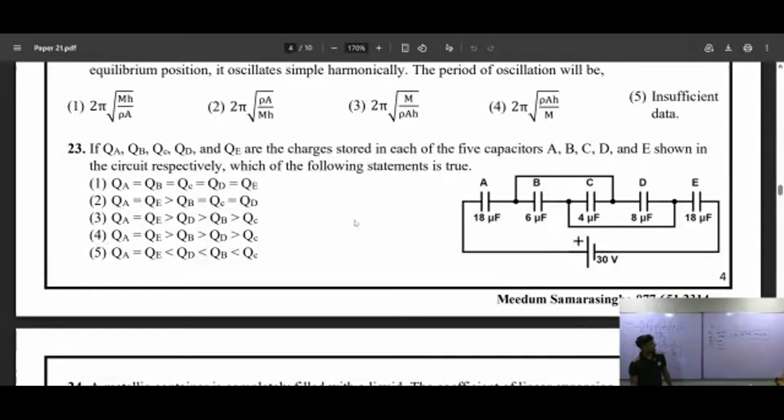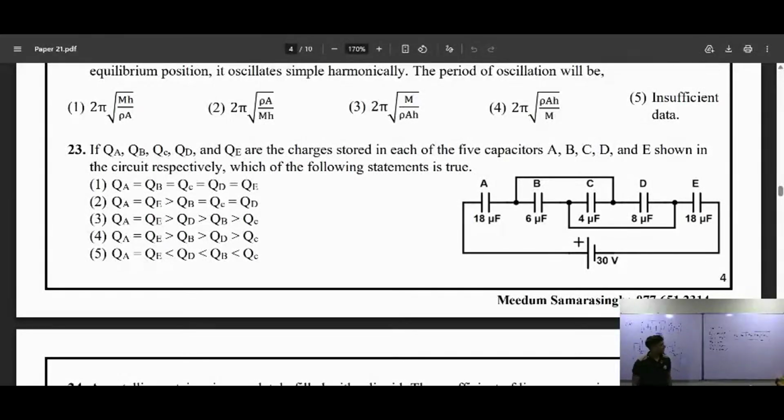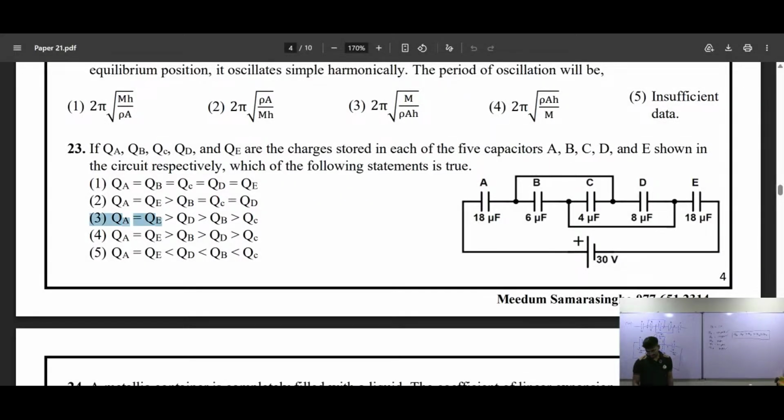See, the answer is QA equals to QE, QD, QB, QC. So the answer is this one. Third one is the answer.